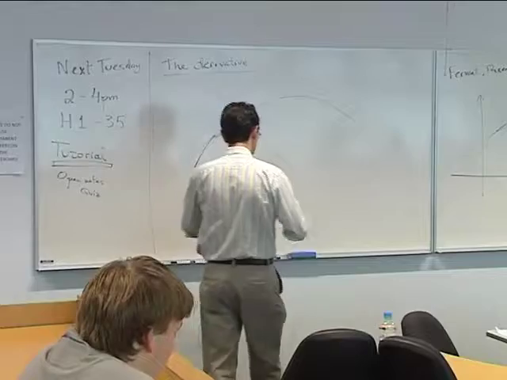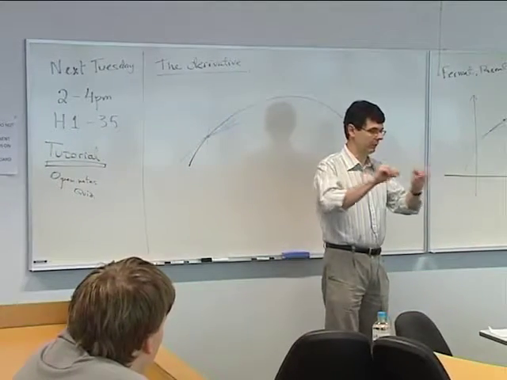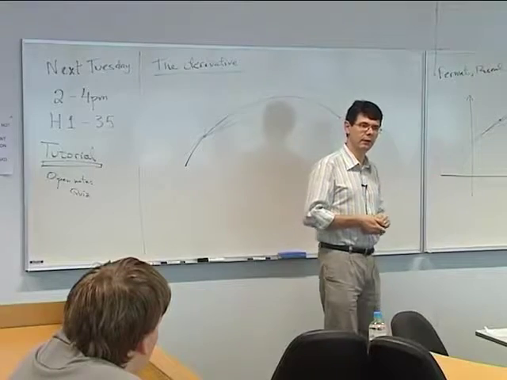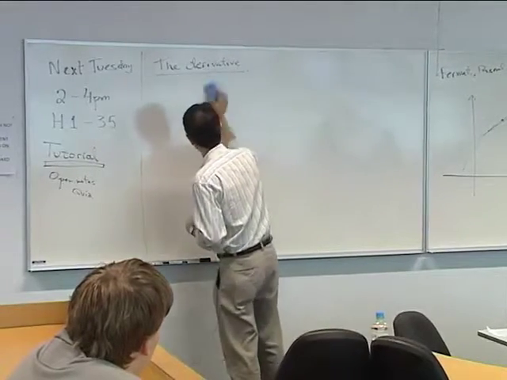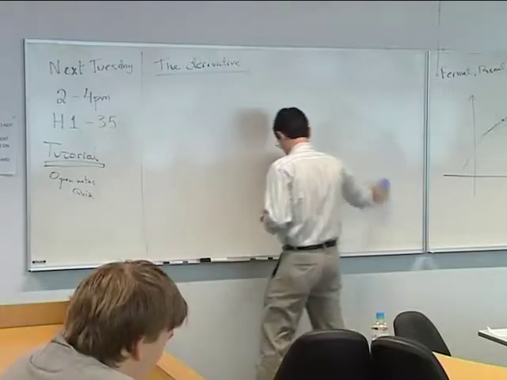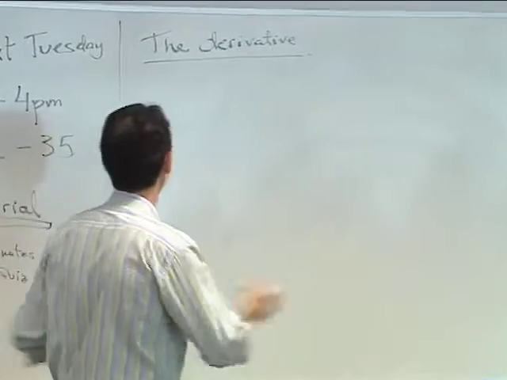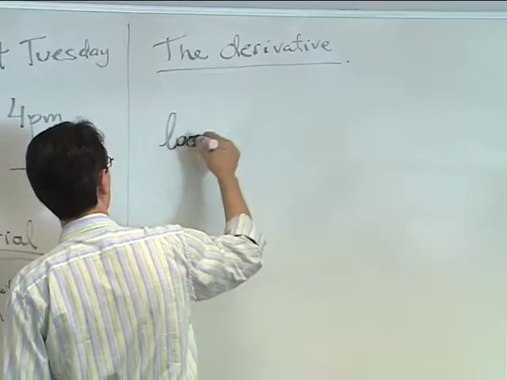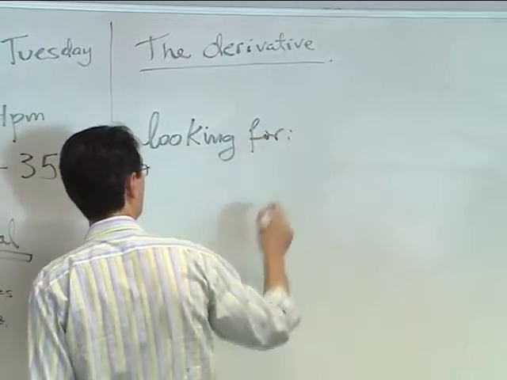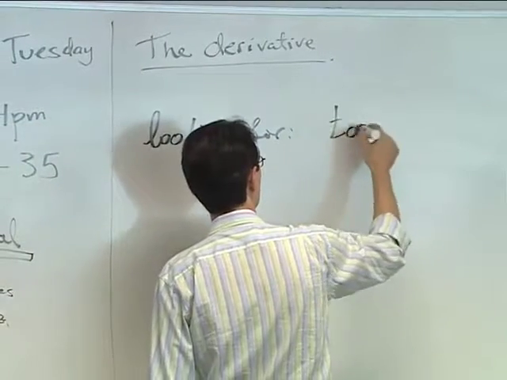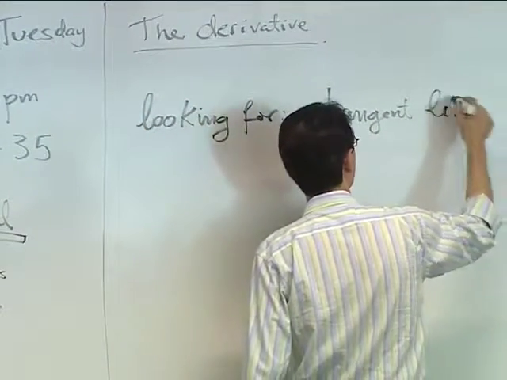So let's write all of this now in mathematical language. We're going to start putting symbols in here. Okay? Now, let's see. What we're looking for, a tangent line.